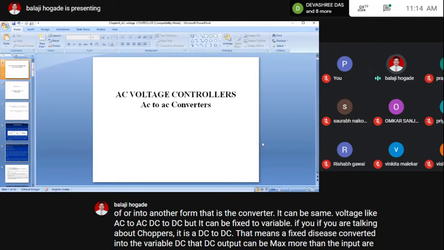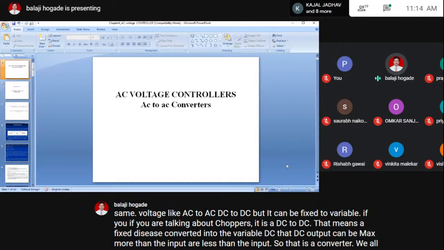We have studied the AC to DC converter. What is it?